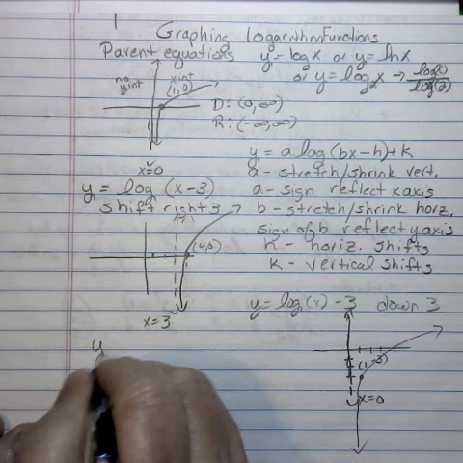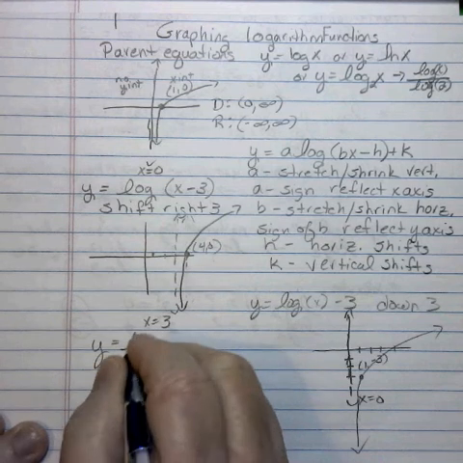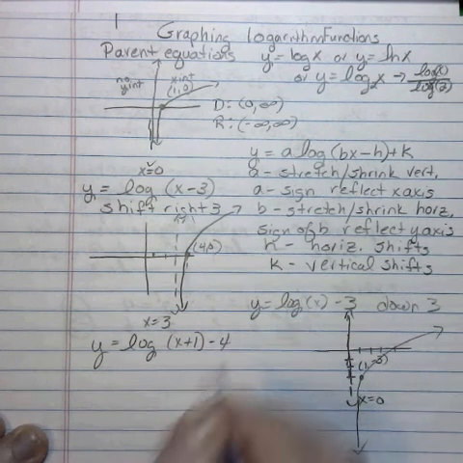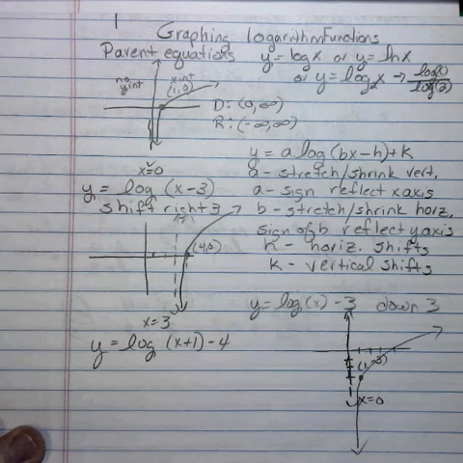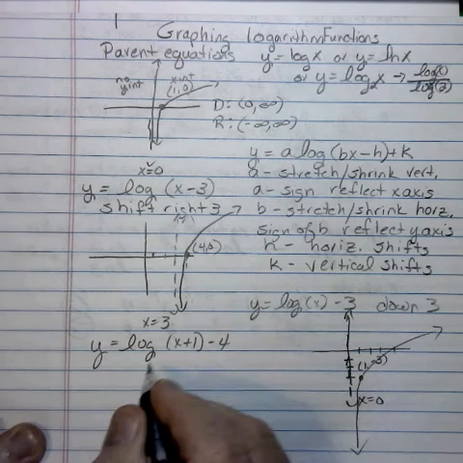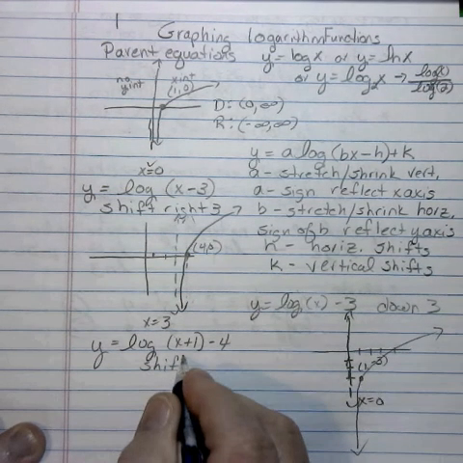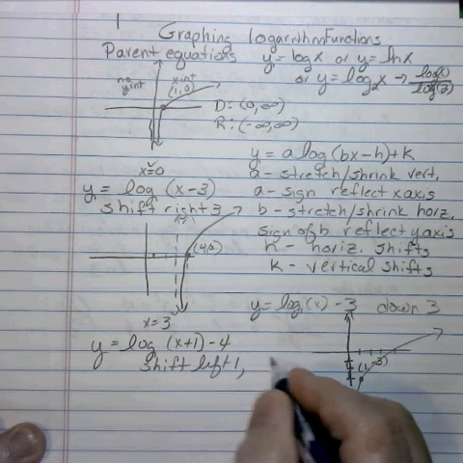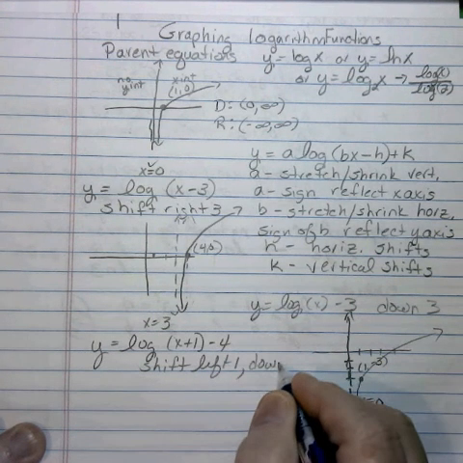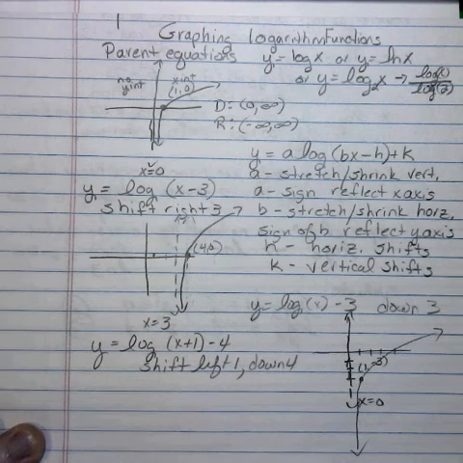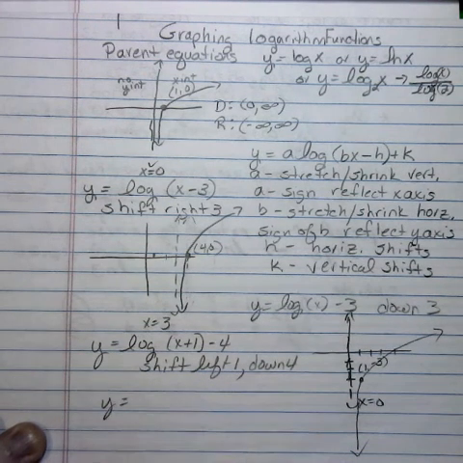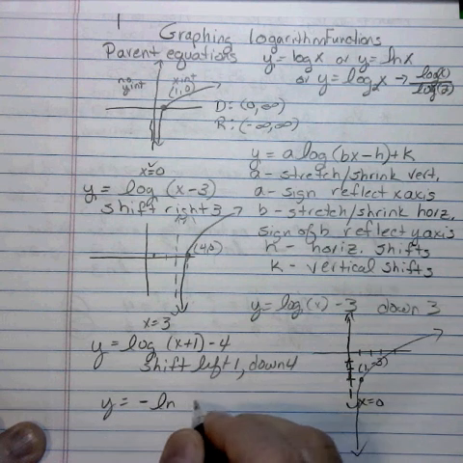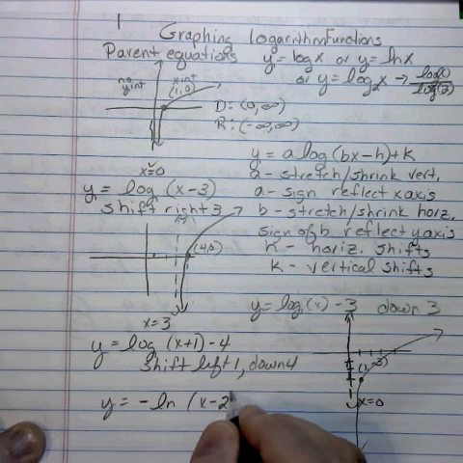As we look at the equation, y equals the log of x plus 1, minus 4. If we were to make the prediction of that graph, that would shift to the left 1 unit, and it would shift down 4 units. This particular graph, y equals the negative natural log of x minus 2.